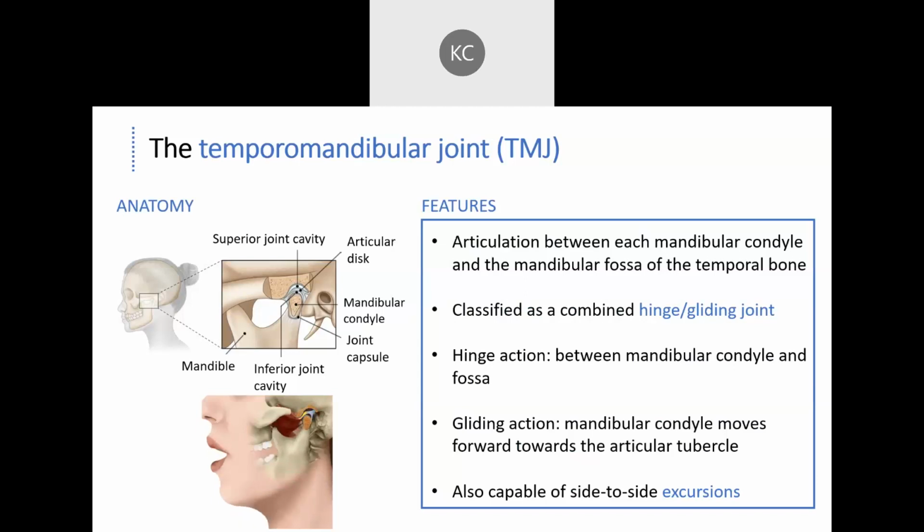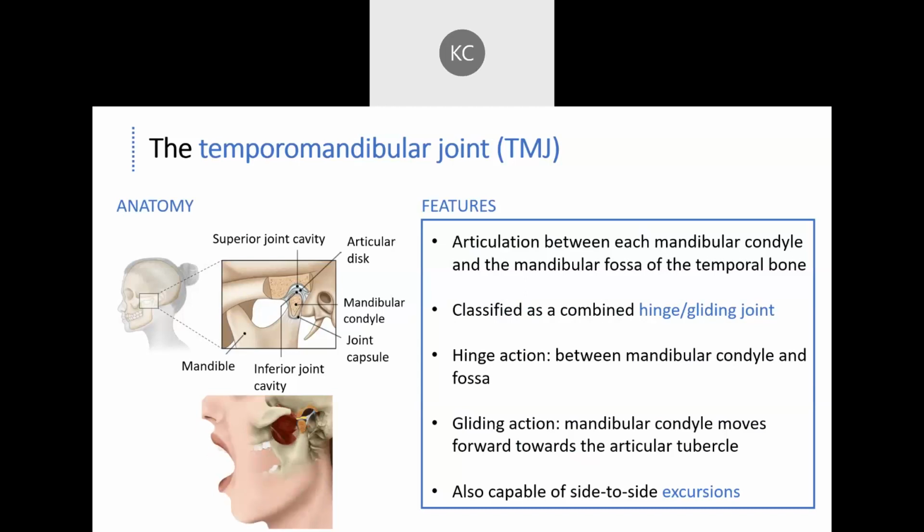When the jaw opens, that is a depression of the mandible, and when it closes, that is an elevation of the mandible. You also have protraction and retraction, moving the mandible anteriorly and posteriorly, and then you also have excursions, which are a side-to-side movement of the mandible.